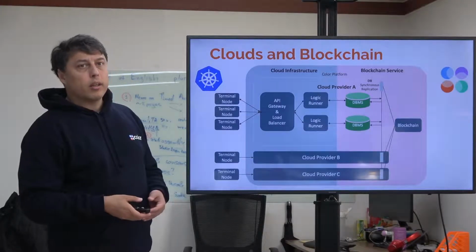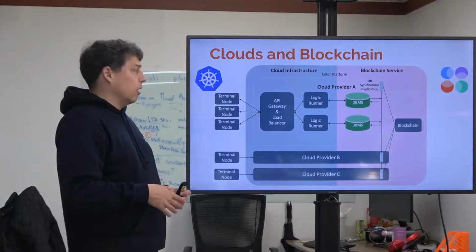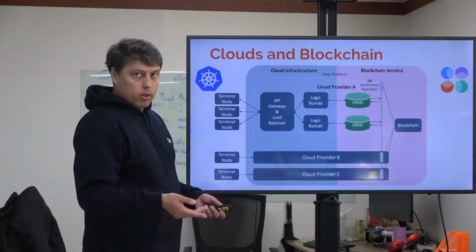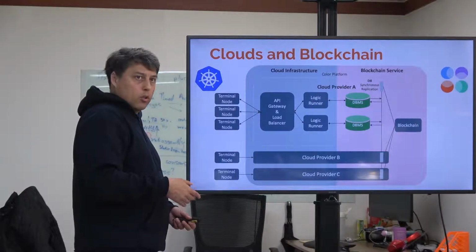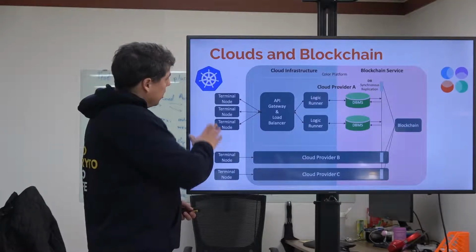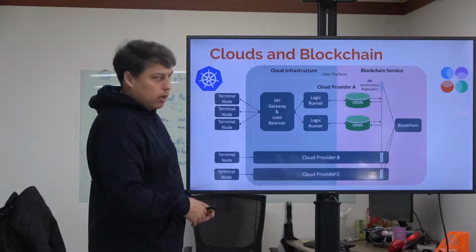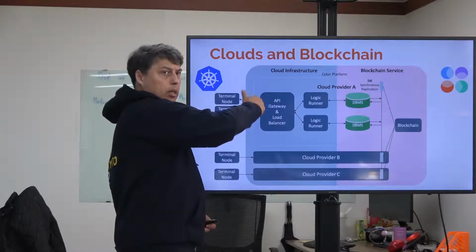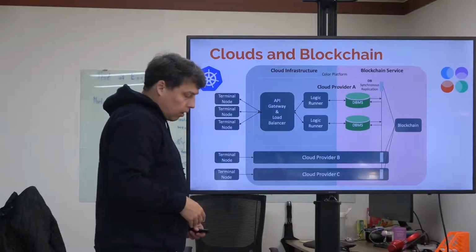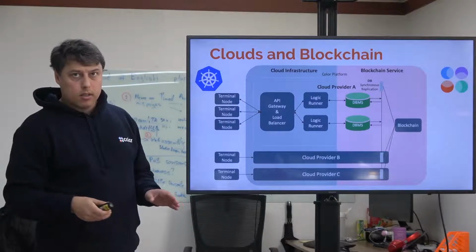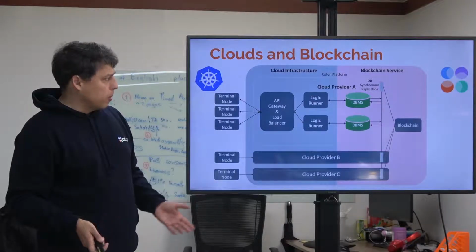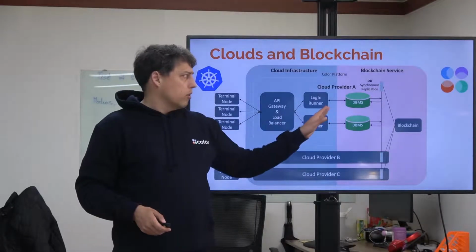You can easily recognize that this is naturally a cloud infrastructure. So we have an MVP, a minimal viable product, that shows the feasibility of this approach based on Kubernetes cloud infrastructure, where logic runners are deployed in Dockers, and the Kong interface is used to connect to them, to call the operations, and the state database synchronizes with the blockchain.